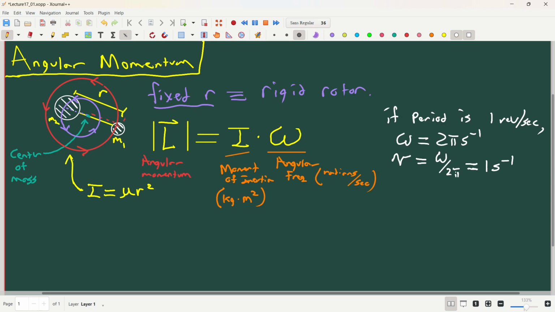Remember, linear momentum, the magnitude of it, is m times v, just like I times omega. So everything is exact. The math is very similar, except everything's a little funky because it's going in circles instead of going through space. The circle is stationary, centered at the center of mass. Nothing is moving in space, it's just rotating. All the physics works out the same.